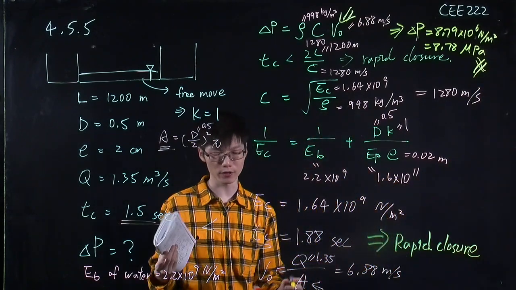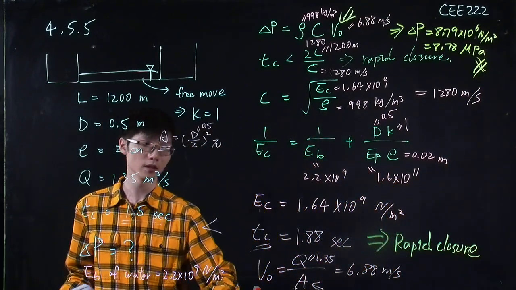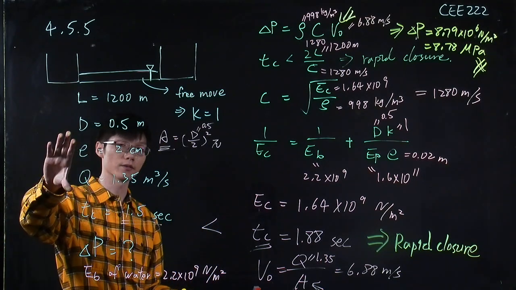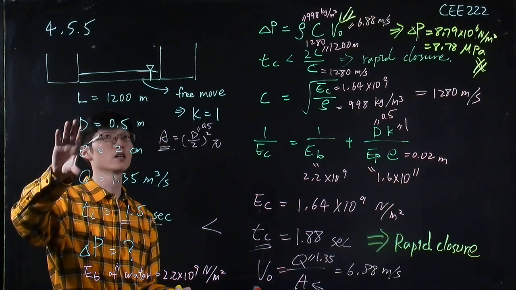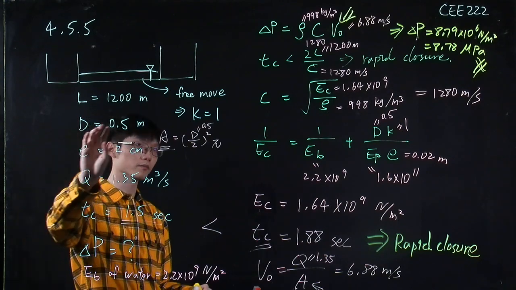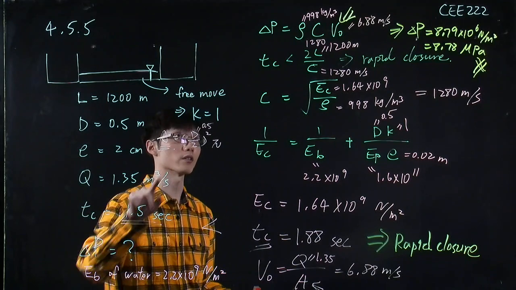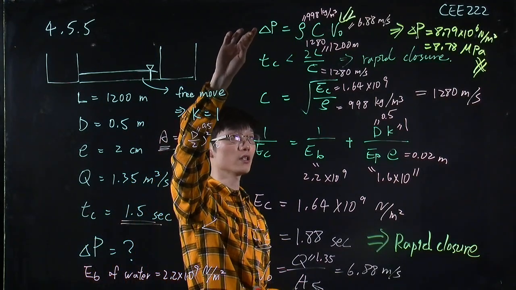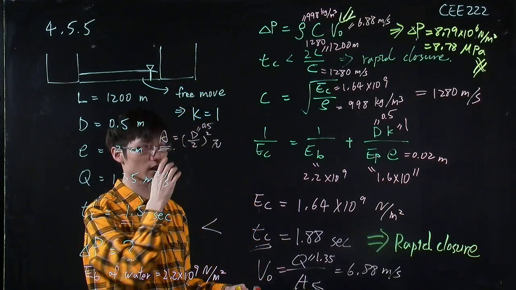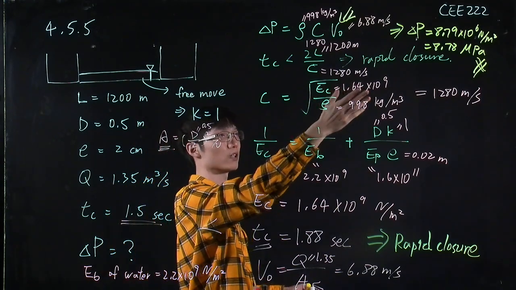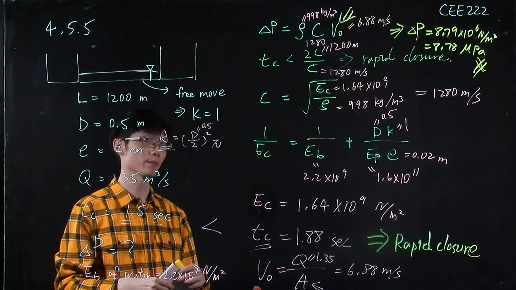Okay, then we solve this problem. So let's do a really quick review. This is the information given by the problem. Because we want to calculate the pressure change, which is this equation, if the system setup is considered as the rapid closure type.